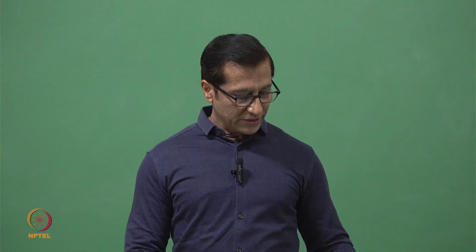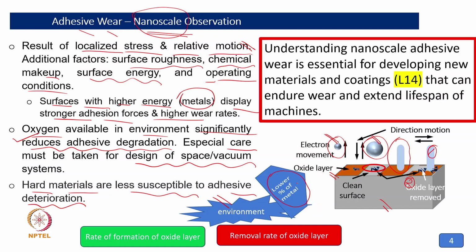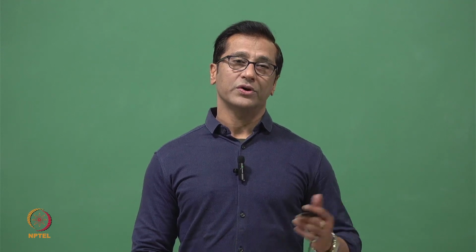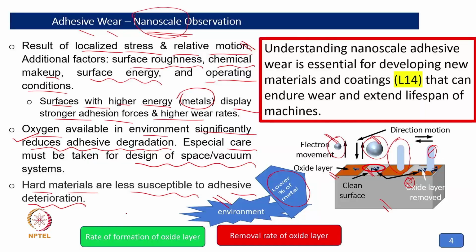Now, what has been shown here is that the environment is helping us, and whenever you see the debris and chemically analyze it, we will find a number of oxide molecules in that. That means we need to figure out how much is metal and how much is oxide, and if oxides are more compared to metal and the deterioration is much lesser, that will be a favorable situation. But how do we go ahead? Naturally, there is a need for balance. What we say is the rate of formation of the oxide layer, how much time it takes to make a layer, and how much time it really takes to remove the layer.